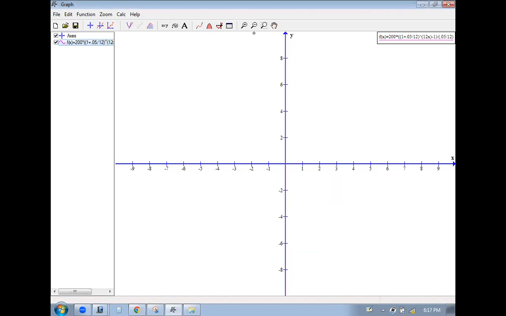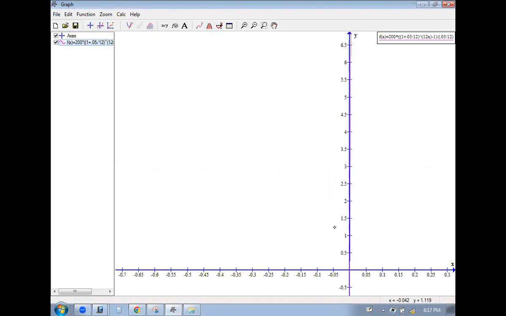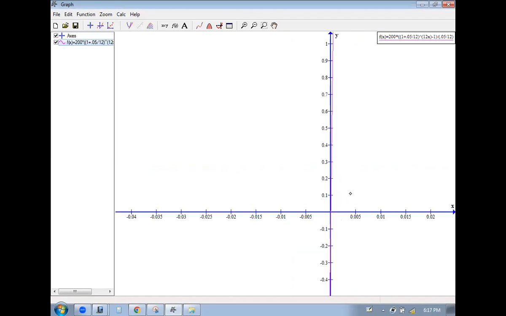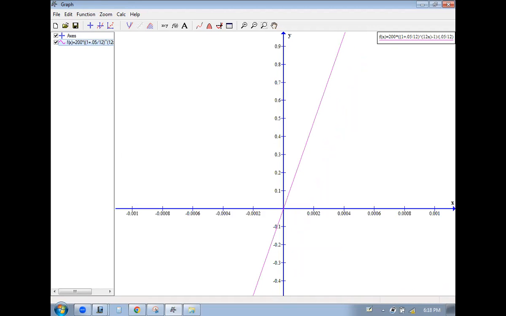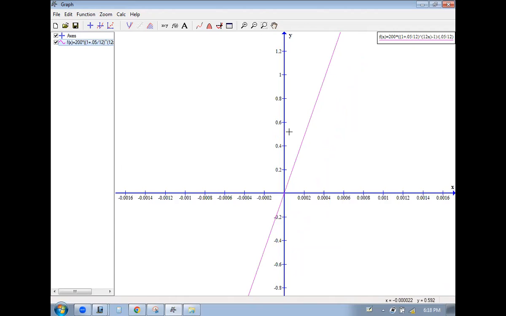I guess we're going to have to do a handy zoom here. These are tiny numbers though. So this is t. Here our x is our t value, time passing. So this doesn't look good at all. It's all right. Let's zoom out.